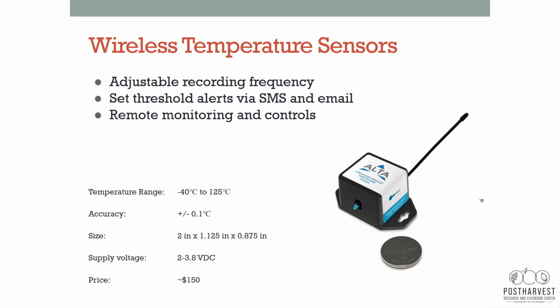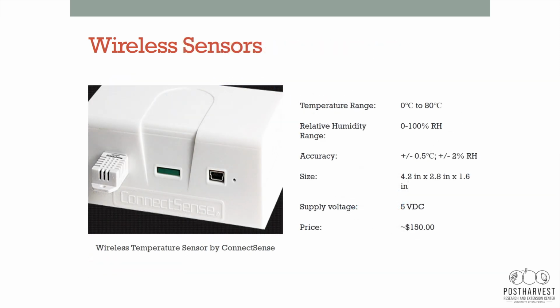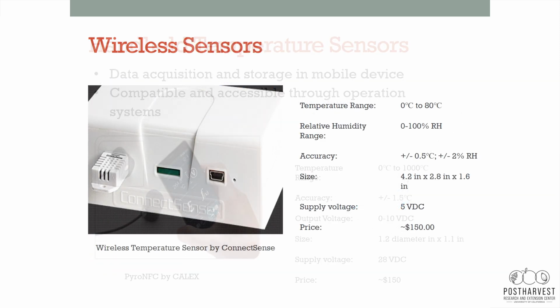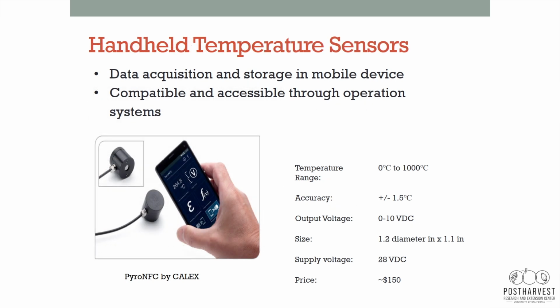This is one example of a wireless technology that is fairly reasonably priced. Other wireless sensors, of course, come from different manufacturers. There are handheld temperature sensors as well, where in this case it's not like the phone is the temperature sensor itself. The phone is a portal to communicate with the sensor, and then the output can be sent to your phone, so you can monitor temperature in your phone, like we mentioned.